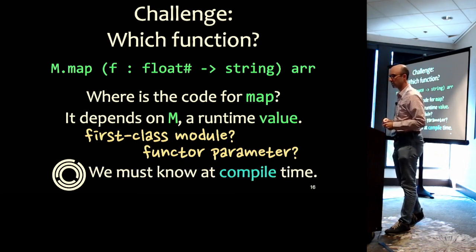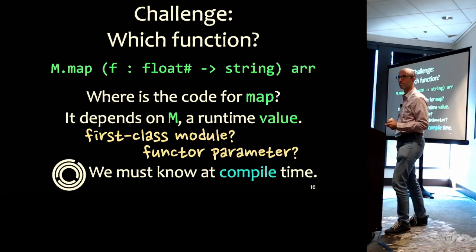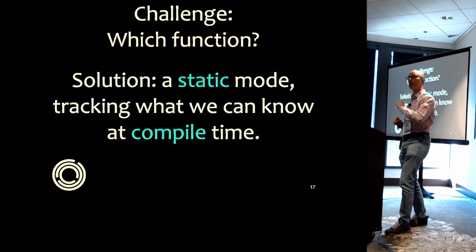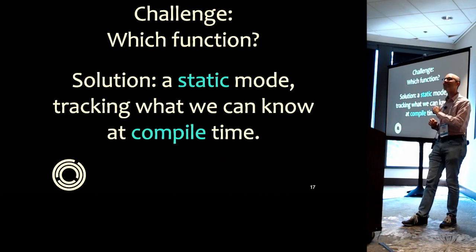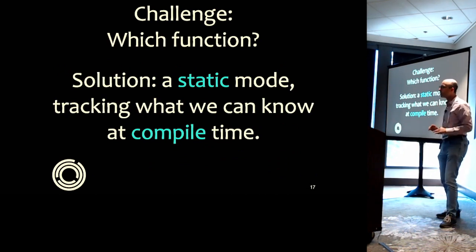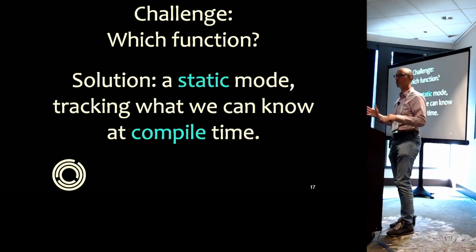But sometimes you do. Sometimes we do. And we will when we have a static mode. So I'm using the word mode as in modal type theory. It fits into that same structure that you may have seen in our blog post series about oxidizing OCaml to track data race freedom.